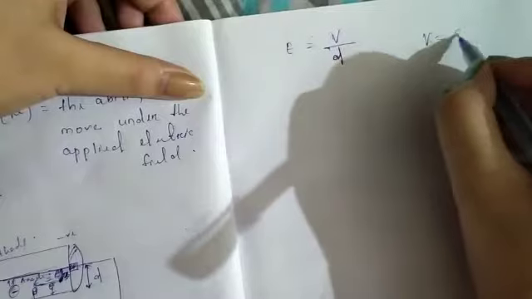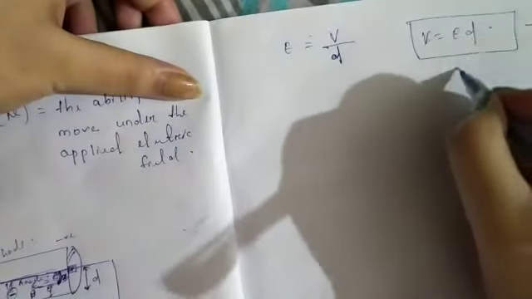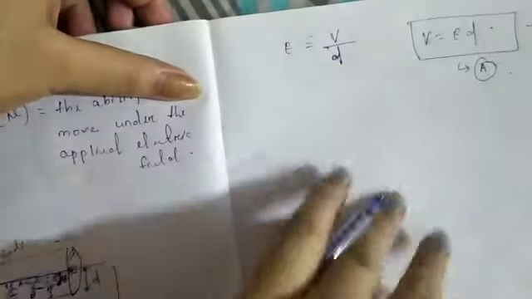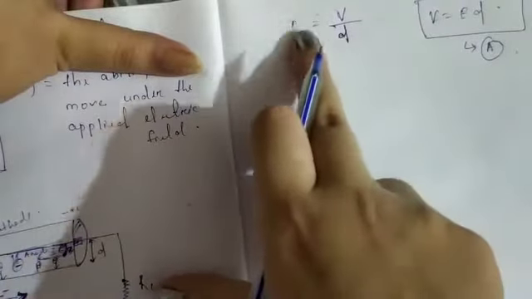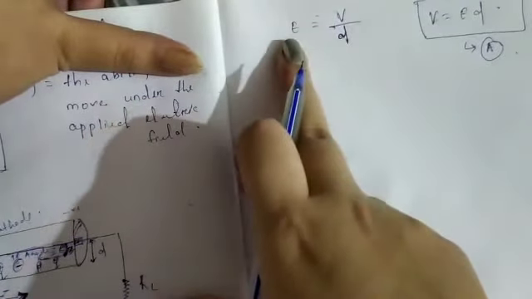So V is equal to E d. Let it be equation A.